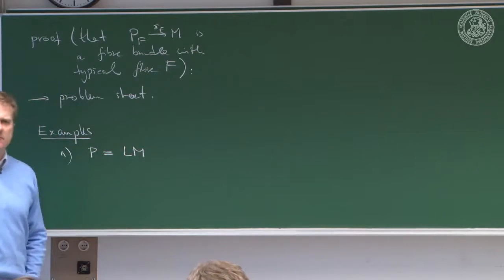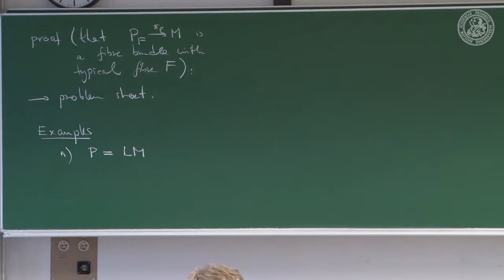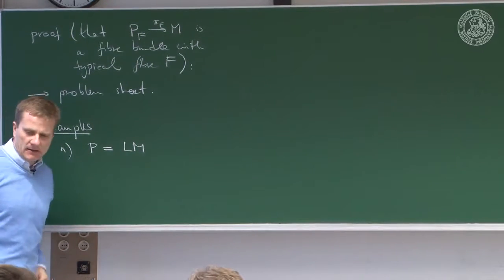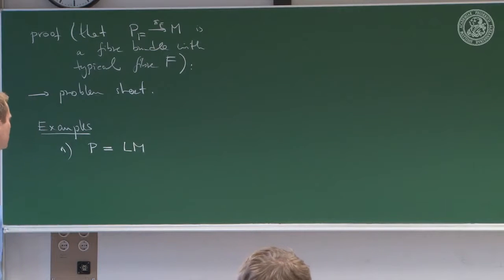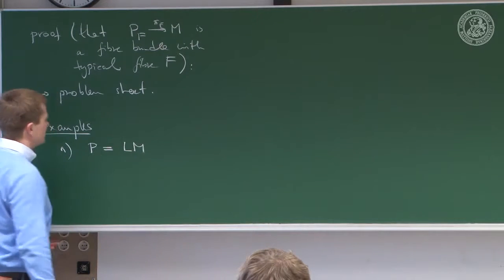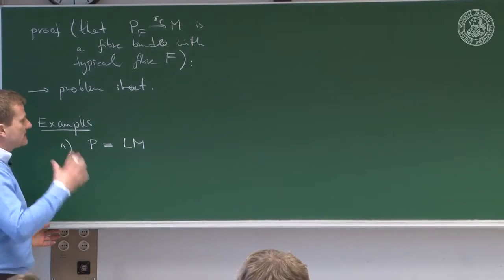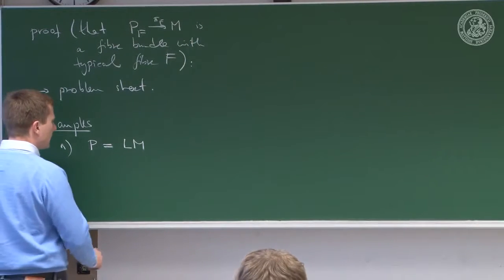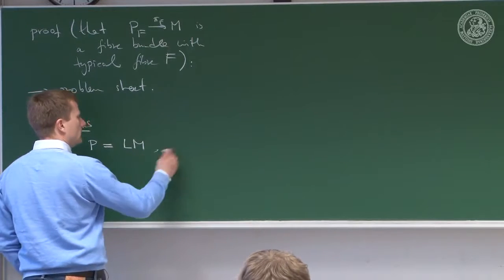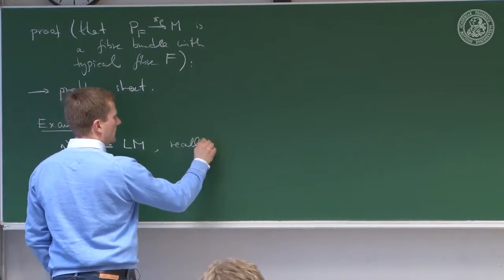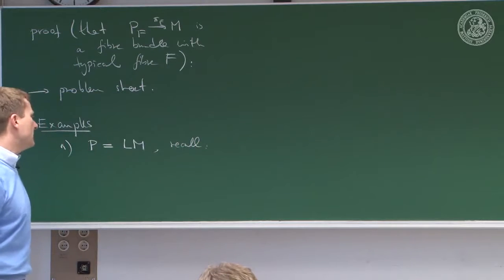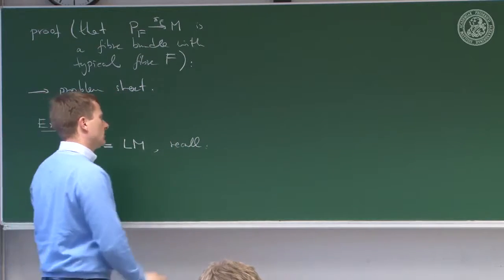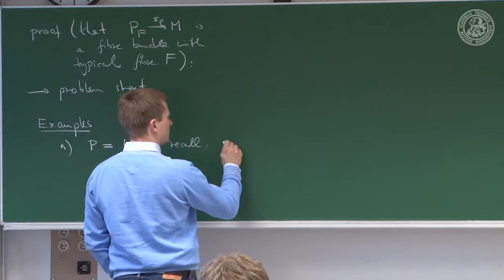You remember LM was the frame bundle: at every point of the manifold you look at all bases of the tangent space, and that's then the fiber, that's the frame bundle. Okay, now we recall that if you have the bundle, then of course you have your projection map of the bundle and so on, and you have a right action.